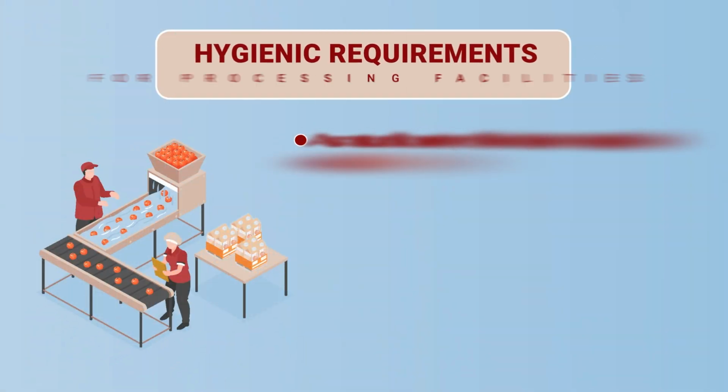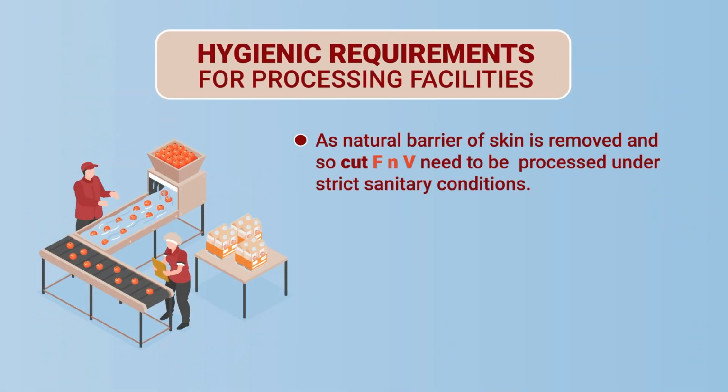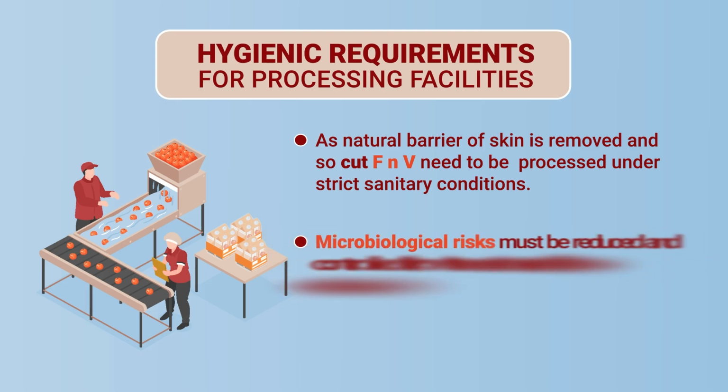First and foremost is the challenge due to microbes, or the hygiene related requirements for a processing facility targeted for minimally processed food products. As we are removing the natural barrier, which is the peel or skin of the product, it is exposed to external conditions where microbes are also naturally present.